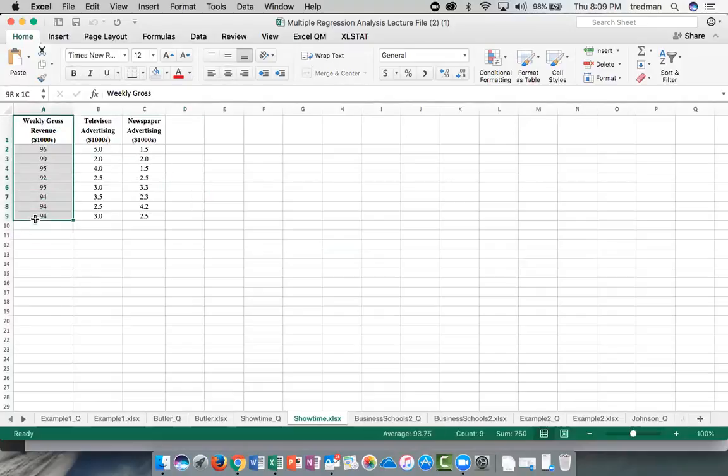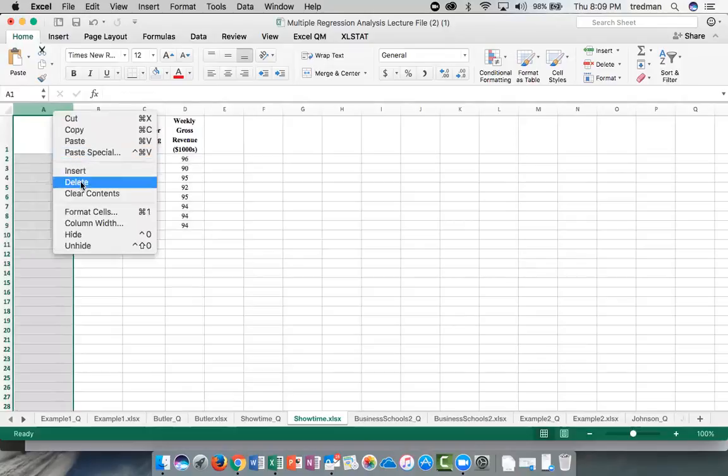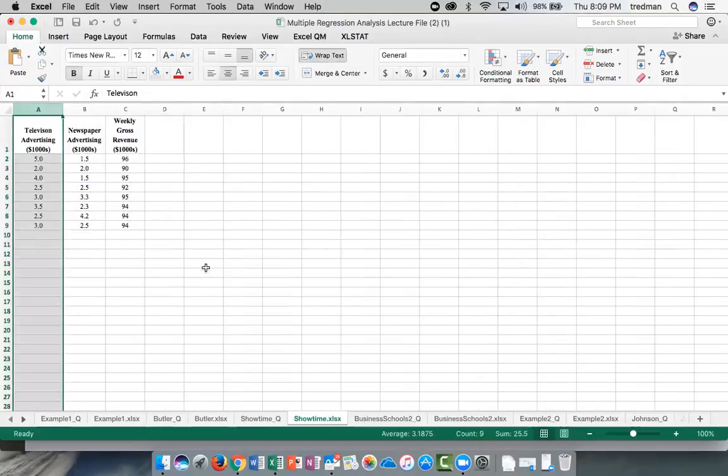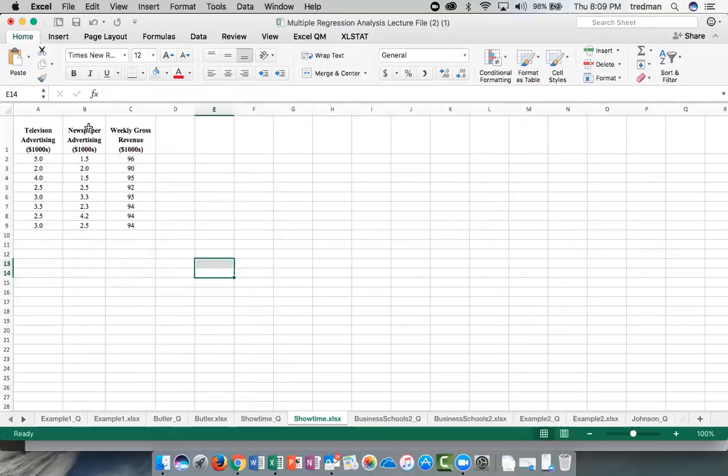So I'm just going to copy or move the weekly gross revenue and delete this column. It just makes for a better scatter plot. So we'll look at newspaper advertising as the independent variable and weekly gross revenue as the dependent.